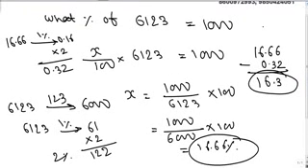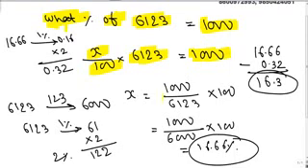I repeat quickly, the question was, what percent of 6123 is 1000? Let's say it's X percent of this, it's 1000. 6123 we made 6000. We have reduced it by 123. 6123's 1% is 61, 2% is 122.